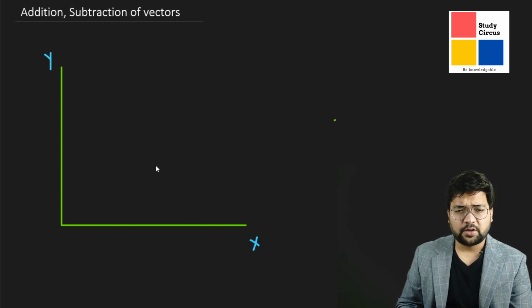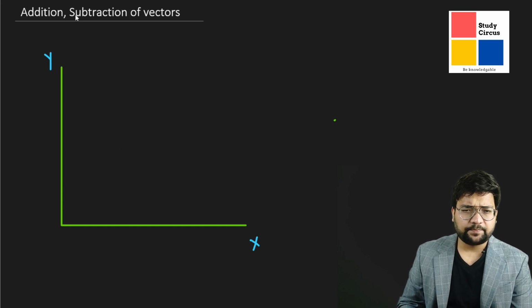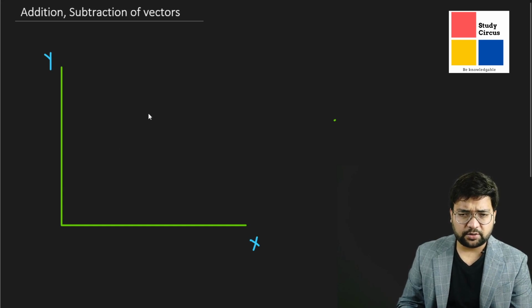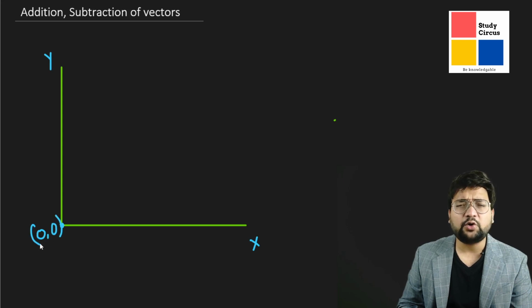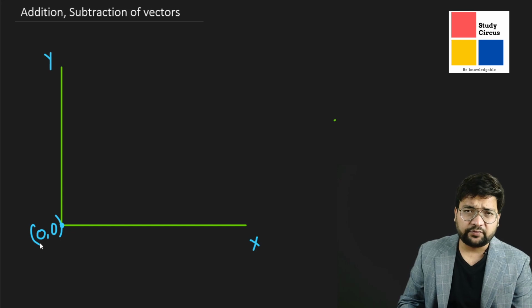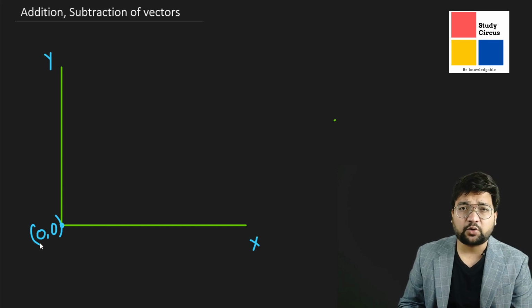I take any point. This is the origin. It is 0 for x and 0 for y also, 0 comma 0 for the two-dimensional plane. We are talking about the xy plane right now.